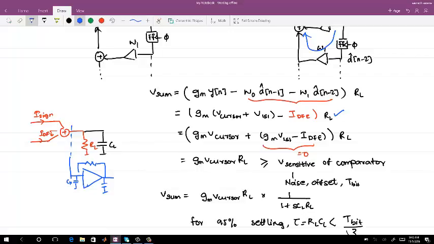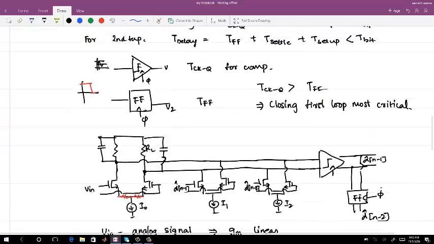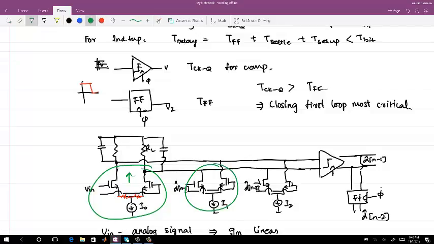So if I increase GM to get more swing, I am also increasing the contribution from intersymbol interference. So I have to increase IDFE. And if I increase IDFE, what will that do? If you increase GM cell for more current, you have to increase the tap weights. And if you increase tap weights, you are going to add more capacitance at the output. Just the parasitics.